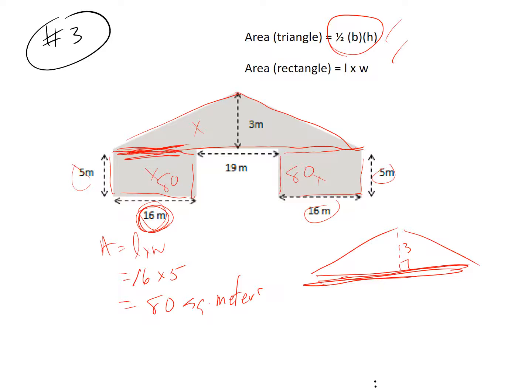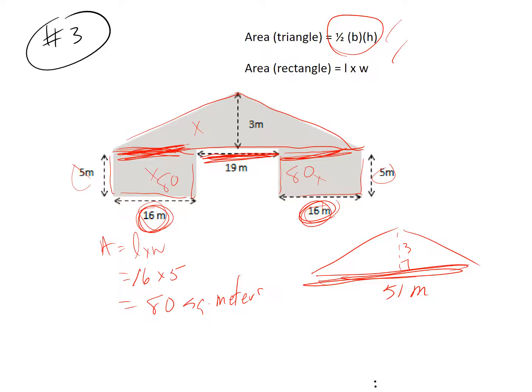They're both 16 meters across, and the same thing over here. There's 16 meters on this side, so I know that's 16 and 16. That's 32, and then I have this chunk right here, which is another 19. If I take the 16 and the 16 and the 19, that's 51 meters. So the whole way across this base is 51 meters.